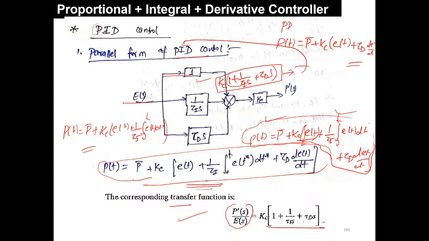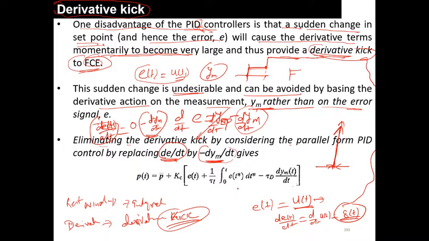Or we can write tau d times dE by dt equal to minus tau d times d by dt of ym. Just replacing this equation: p(t) is equal to p bar plus Kc into e(t), plus 1 upon tau i integral from 0 to t of e(t) dt.